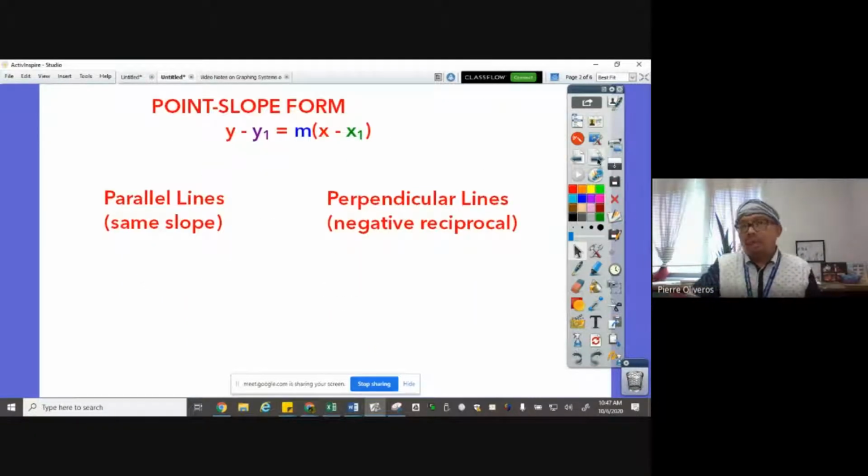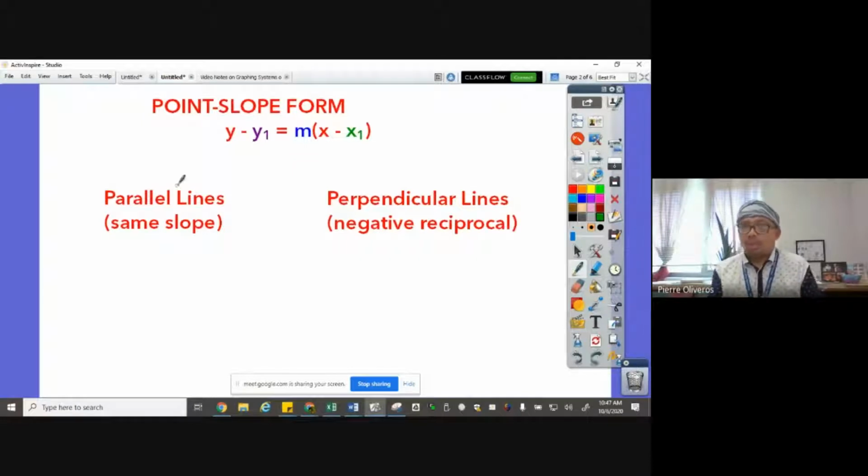Before anything else, when we say writing an equation, we need the idea of point slope form. Point slope form is one of the methods we use in order for us to write an equation.